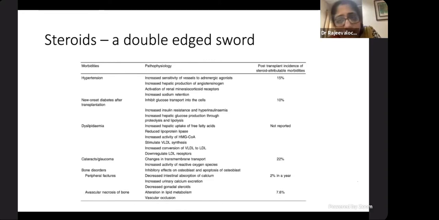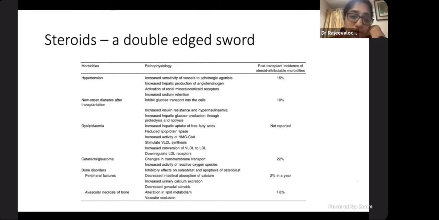We see a high degree of hypertension, where there is increased sensitivity of the vessels. We see almost 15% of our patients developing hypertension post steroids. Know that a great degree of patients develop new onset diabetes or post-transplant diabetes mellitus. Dyslipidemia, we don't know the exact incidence, but definitely it is high.